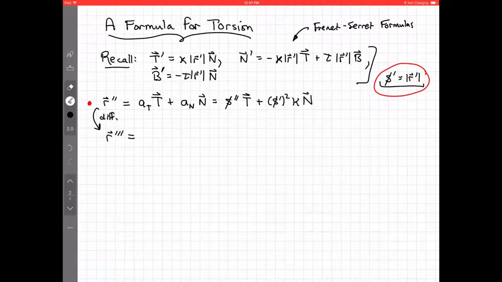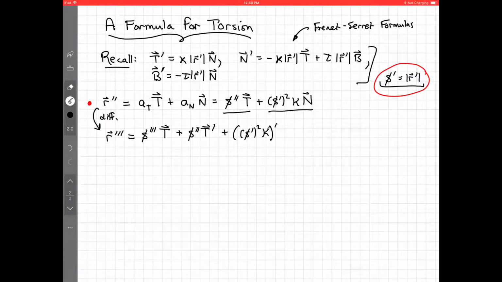Okay, so first of all, we differentiate s double prime t. The product rule says this will be s triple prime t plus s double prime t prime, right? Because we take the derivative of the first thing, second thing left alone, plus the first thing left alone times the derivative of the second thing. Then we'll add this to, and we need to differentiate this guy here. So I'm going to leave this somewhat undone.